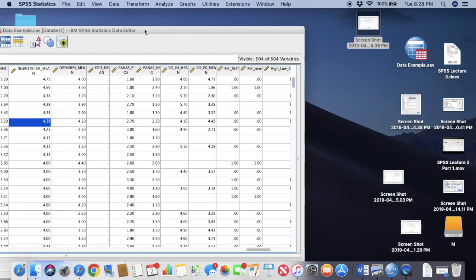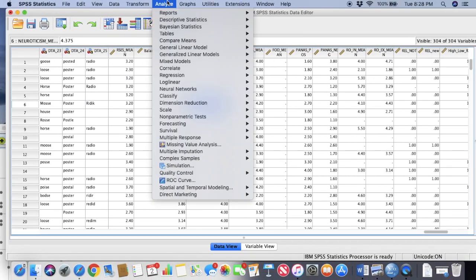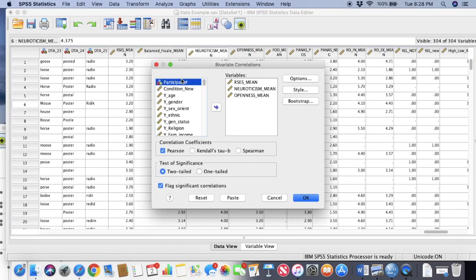Okay, so once again, go back to SPSS, go to Analyze, Correlate, Bivariate. Oh, and I already have them in there, but I'll show you how to do that. Just scroll to the end of the list and you'll find self-esteem, neuroticism, and openness.